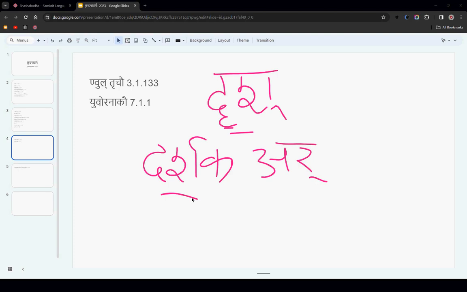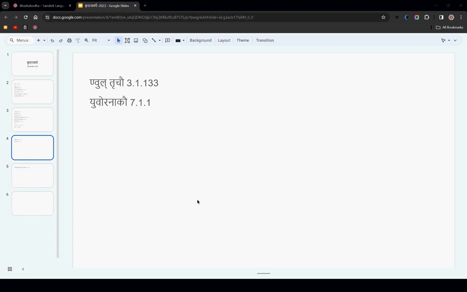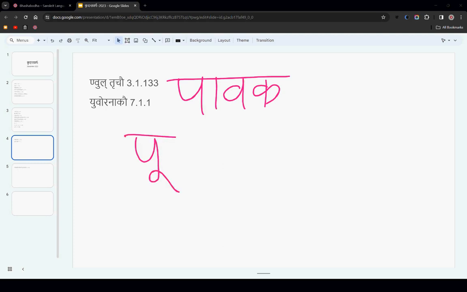Then pavaka, pavakah. The dhatu is pu. Pu becomes punati.